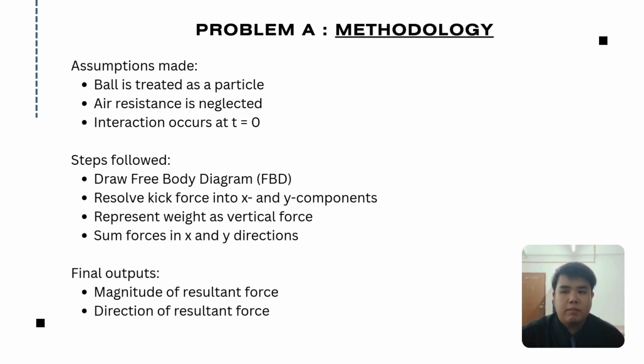Our step-by-step process: we began by constructing a free body diagram to visualize the interactions. We then resolved the applied kick force into its horizontal X and vertical Y components. We accounted for the weight of the ball acting as a downward vertical force. Finally, we summed these forces in both directions to determine our final outputs, the magnitude and the direction of the resultant force.